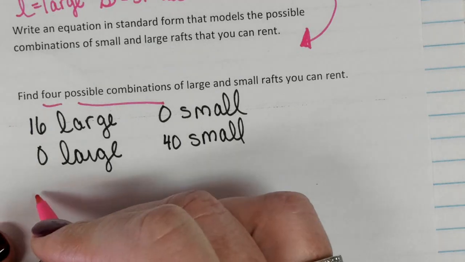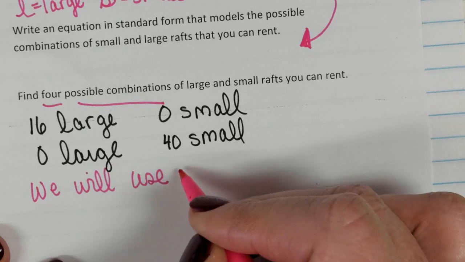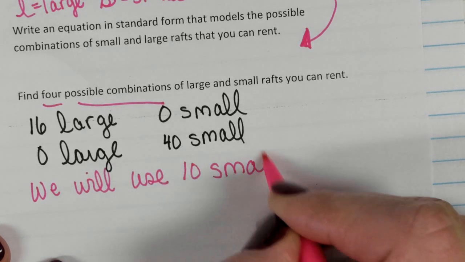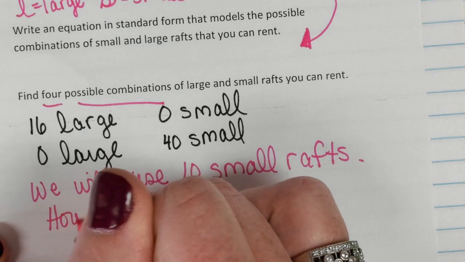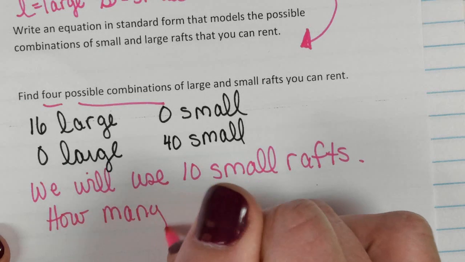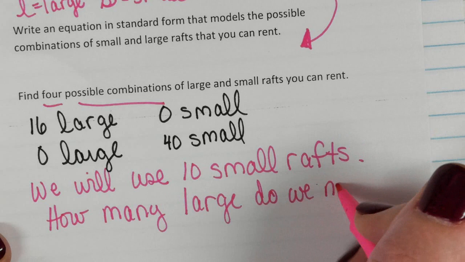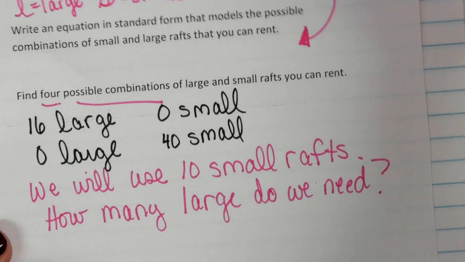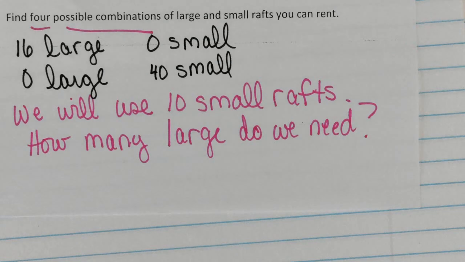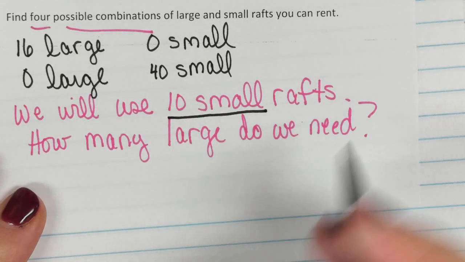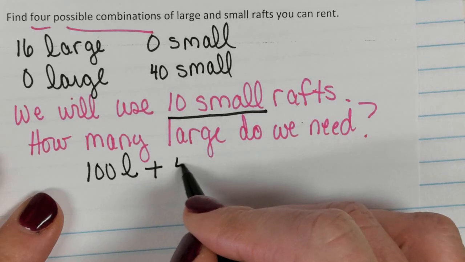Let's say that I tell you we will use 10 small rafts. How many large do we need? Okay, so that's another example. I'm going to go back to my equation. I'm going to plug 10 in for my S. Remember, it's okay if you want to use a different variable.